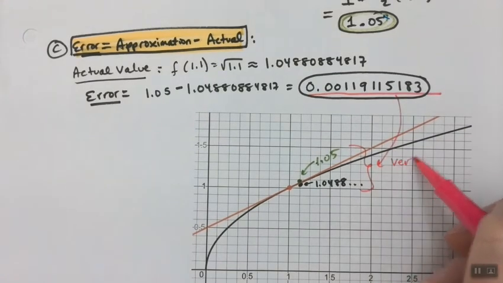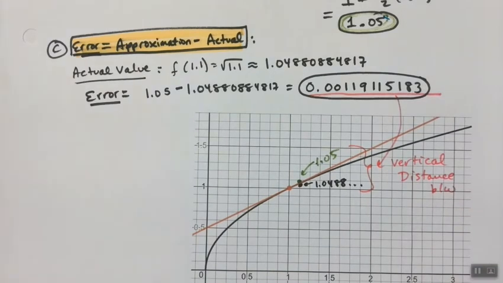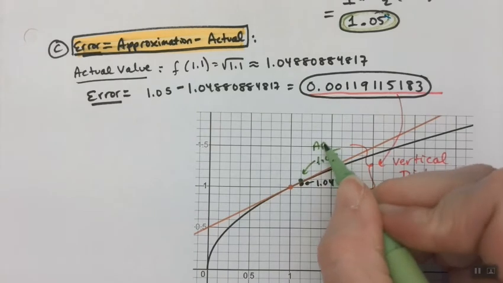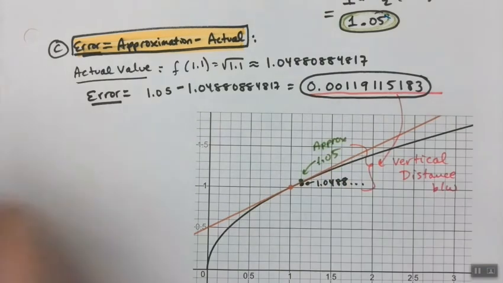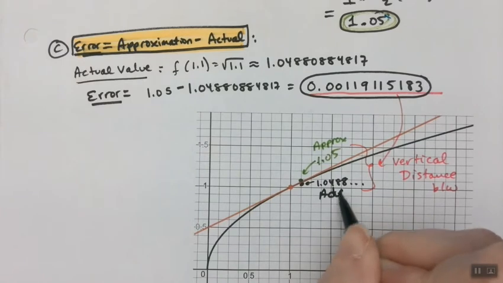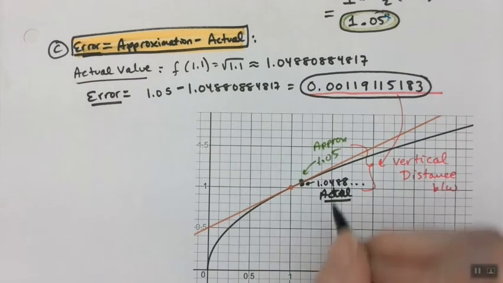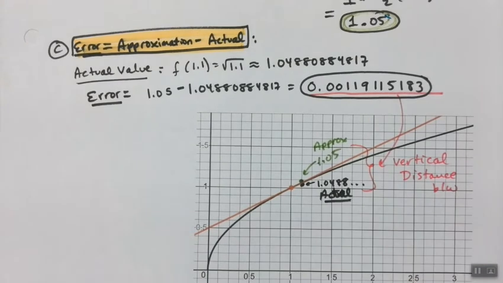It's the vertical distance between the two. So this was the approximation up here, and then this was the actual down here. Actual. Sorry, my U got lost there. All right, so the vertical distance between the two is what the error is.